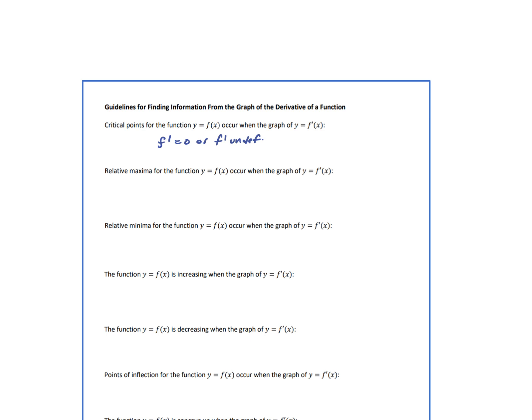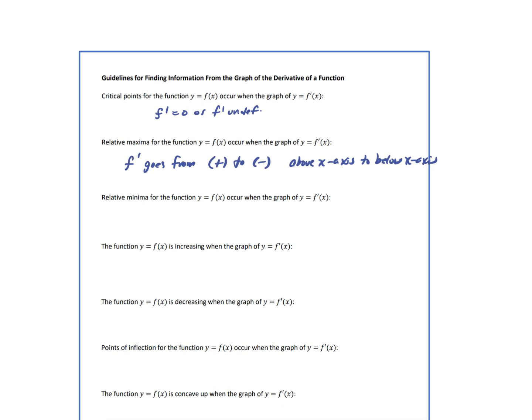Max min, so when f prime goes from positive to negative, a maximum, meaning from above the x-axis to below x-axis. All right, relative min would be f prime goes from negative to positive.